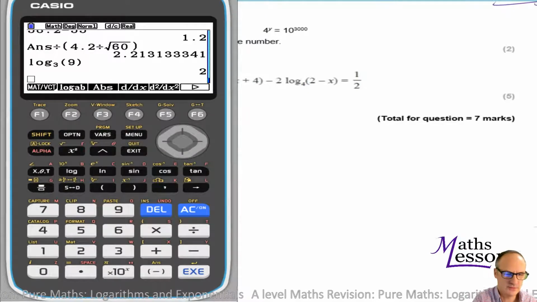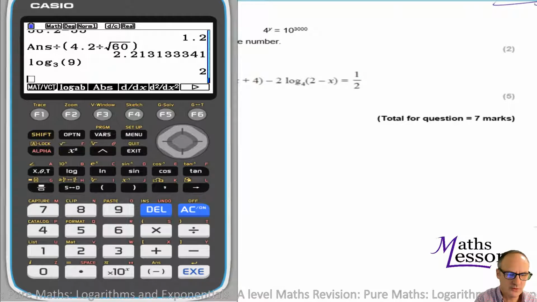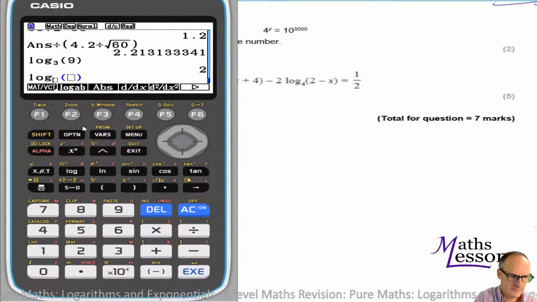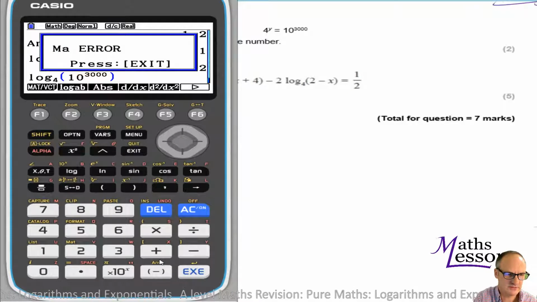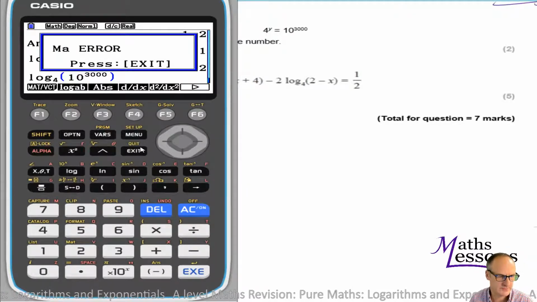So I want to see 4 to the y equals 10 cubed. So if I do log the base 4 of both sides, I've got log to the base 4, and I can just type in 10 to the power of 3000. And we can just press execute, and it didn't like it.